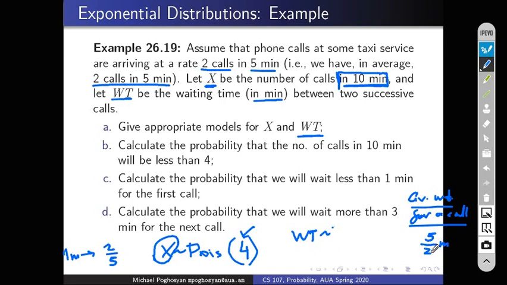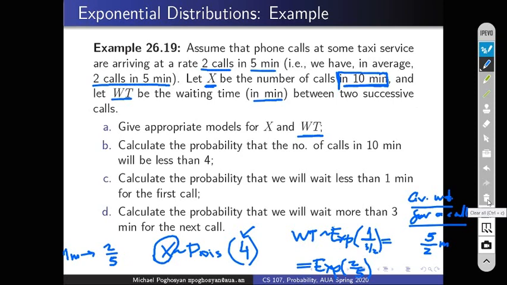This is the average waiting time. And here I need to write 1 over that average, 5/2. So I will have exponential 2/5. Hope this was clear. 1 over the average waiting time for a call: 2 calls in 5 minutes, so between 2 calls is 5/2 minutes. The average waiting time is 5/2.